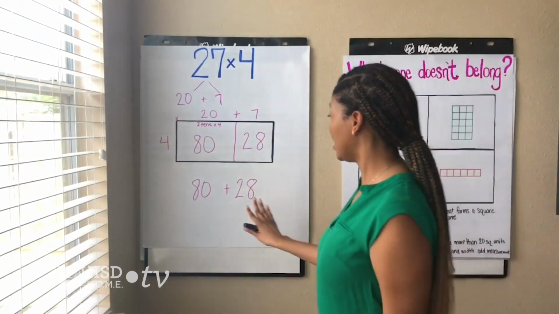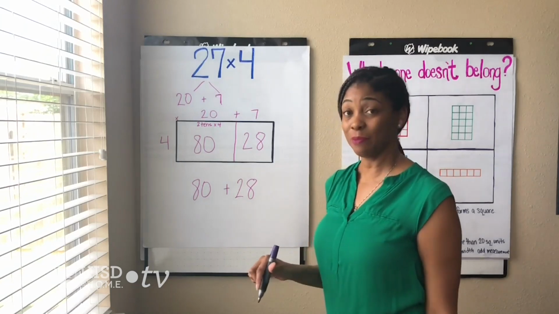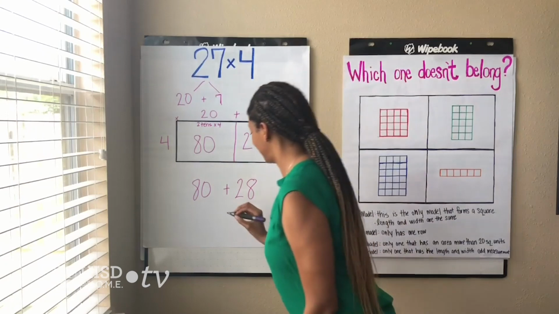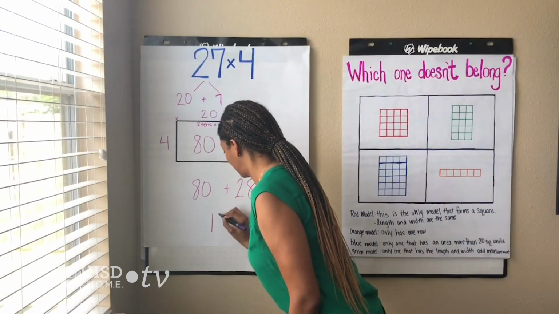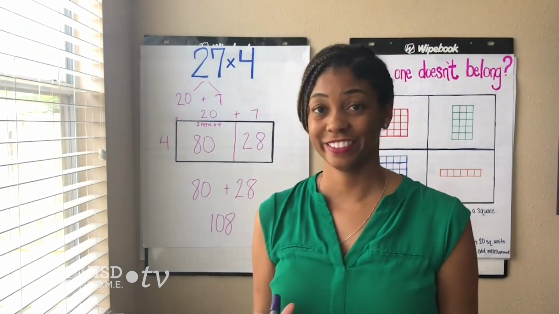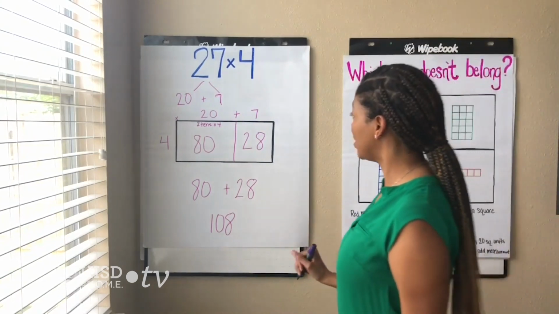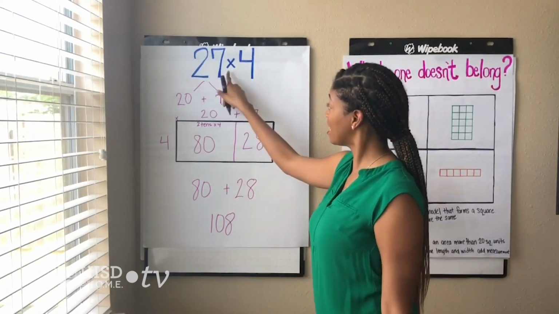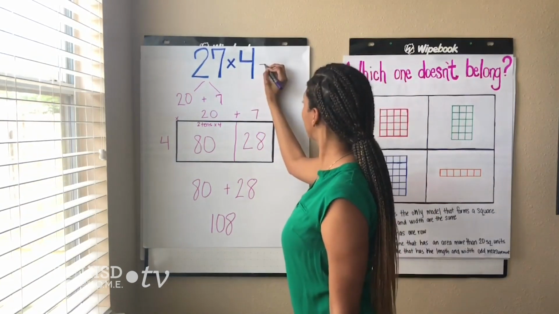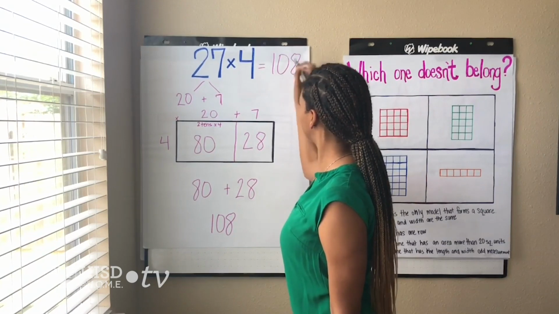And so I know that 80 plus 28 is the same as 108. So now I know that 27 times 4 is the same as 108.